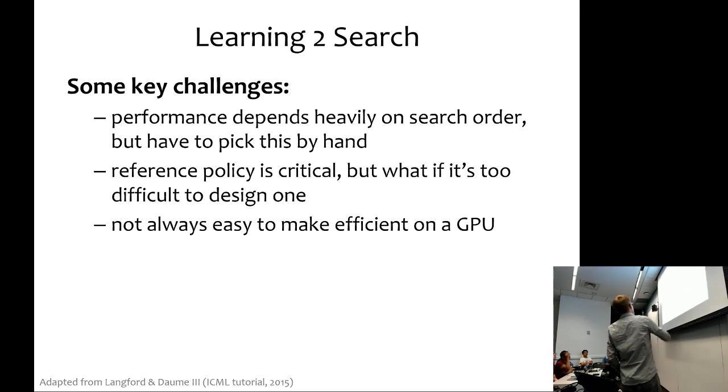Okay, so there are some challenges though. One is that the performance of these algorithms depends really heavily on the search order. Why did we tag the sentence from the left to the right? Why didn't we tag the sentence from the right back to the left?